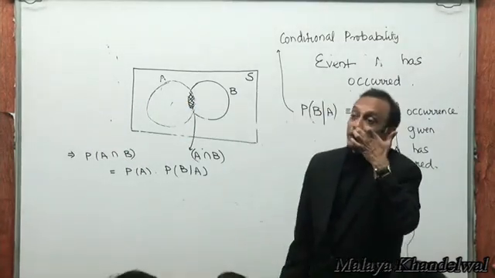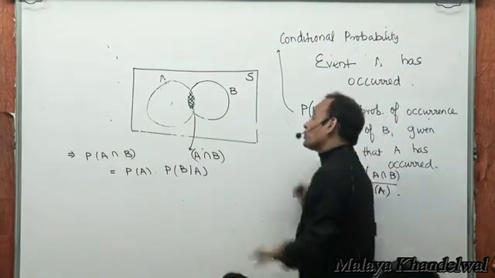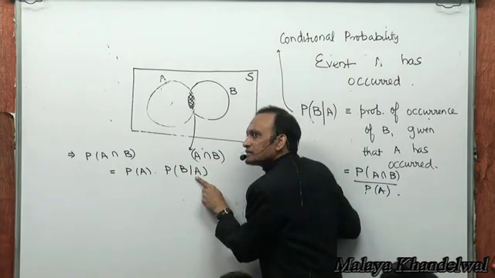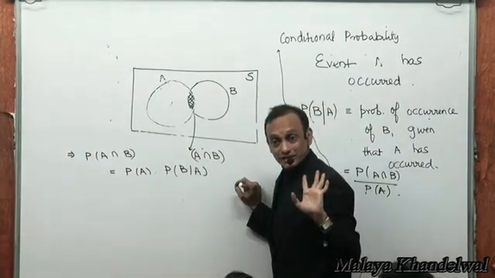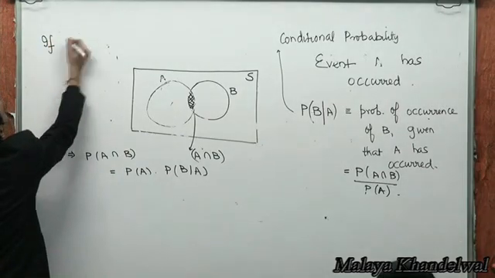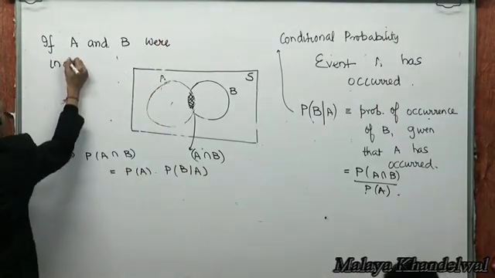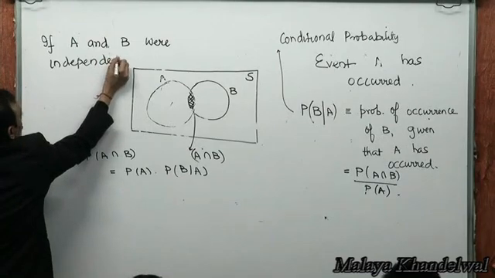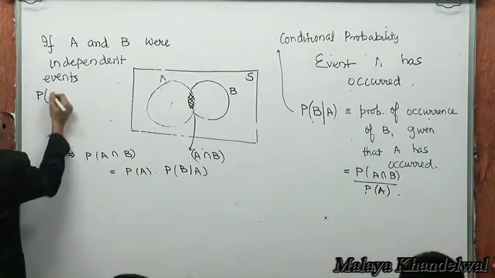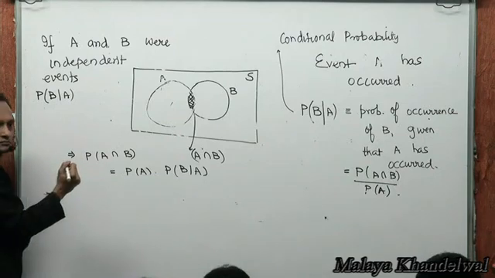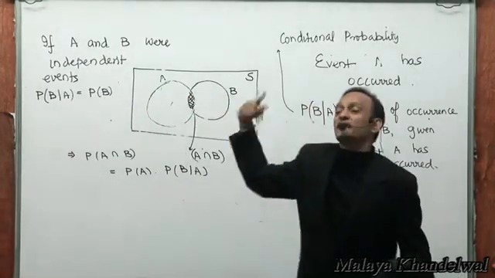Now, if A and B were independent events, then probability of B given that A has occurred, or probability of B given that A has not occurred, will be the same as probability of B, because it does not depend on whether A has occurred or not.